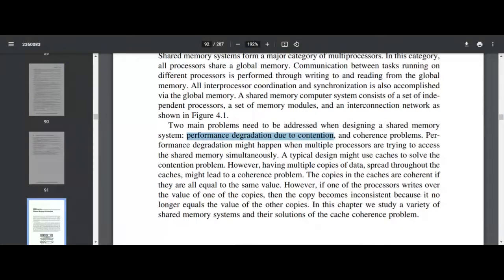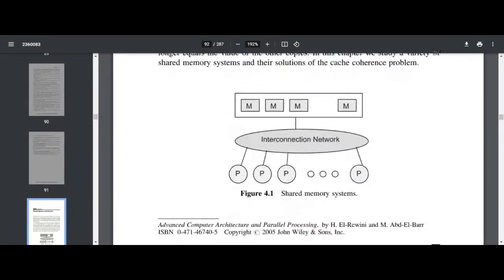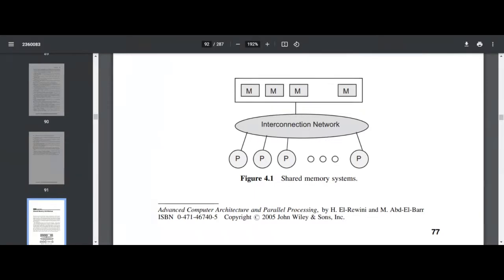If your elder brother wears it and goes to some party, then you want to access it and the content is not available. We have discussed such a problem earlier. That's a typical example of a shared memory system, in which you prepare a combined global memory interconnected with a number of processors.